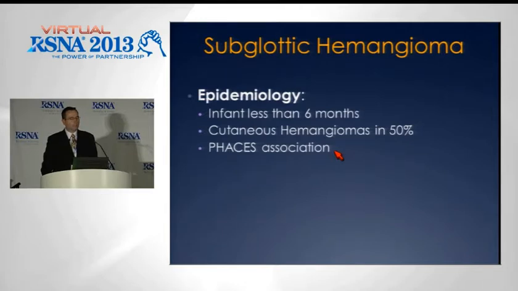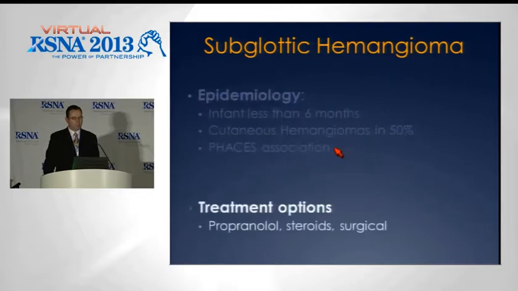There can be associations with cutaneous hemangiomas, and it can be associated with PHACES, which is a neurocutaneous syndrome. Just not to go through each one of those letters, but H would be hemangioma. Treatment options include steroids and propranolol, which has been shown to cause quicker involution of these hemangiomas. And if medical treatment fails, surgical treatment is a possibility.